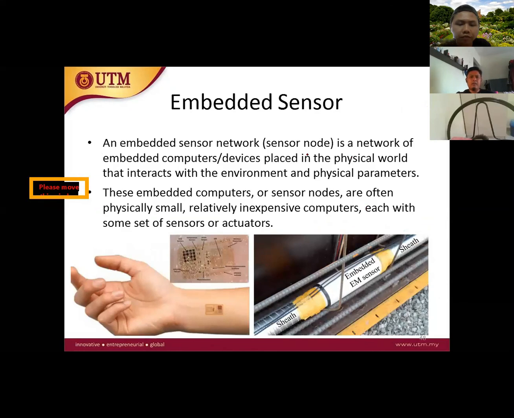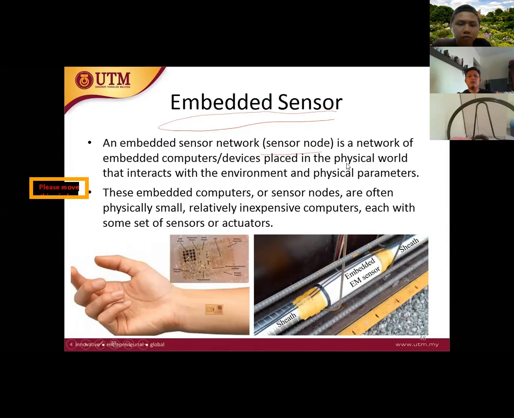Another thing is the embedded sensor. An embedded sensor is also a part of Internet of Things. An embedded sensor, sometimes called a sensor node, is a part of a network. It is placed in the physical world to interact with the environment or physical parameters.